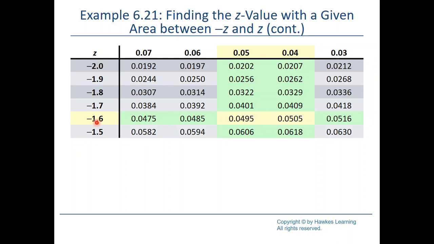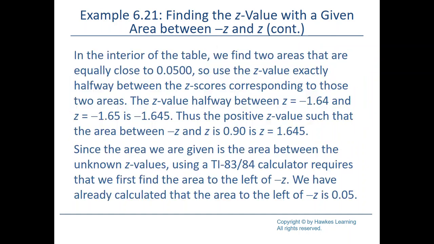So I have a negative 1.6, and then I have a negative 1.65 and a negative 1.64. Since it's exactly halfway between those, we can just add those together and divide by 2, or just add a 5 to the very last digit, and that will tell you the value in the negative form. So it's going to be a negative 1.645, and to get the positive version of it, we just drop the negative sign.